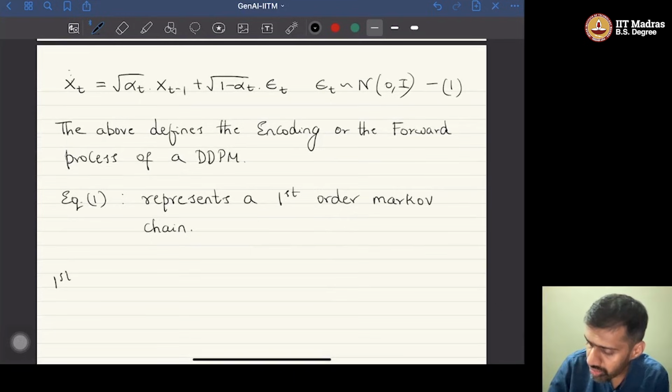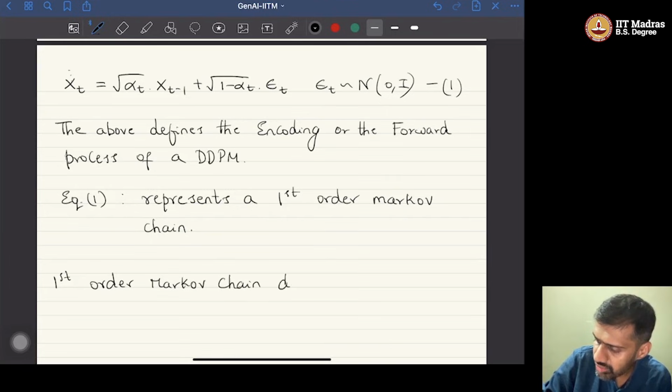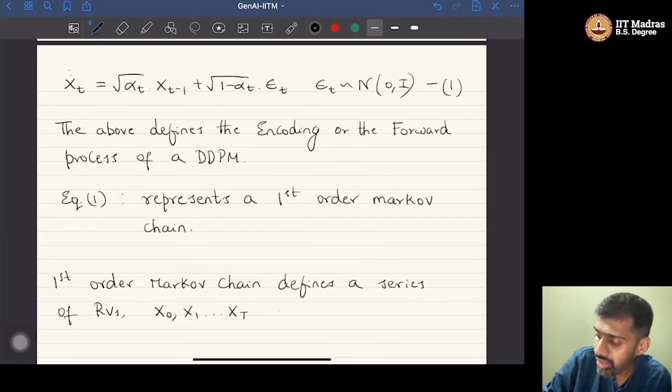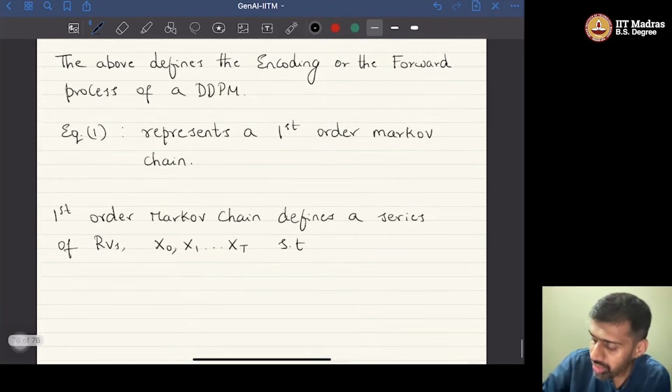So a first order Markov chain defines a series of random variables, let's call them x0, x1 up to x capital T, such that xt is independent of everything, x t minus 2 up to x0, given xt minus 1.